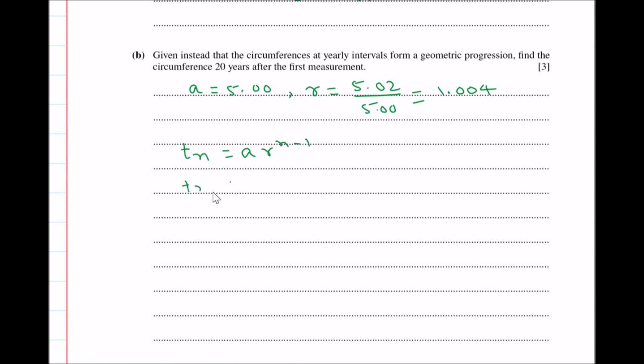So T21 is equal to A, which is 5, R is 1.004, and the power becomes n minus 1, 21 minus 1, that is 20.